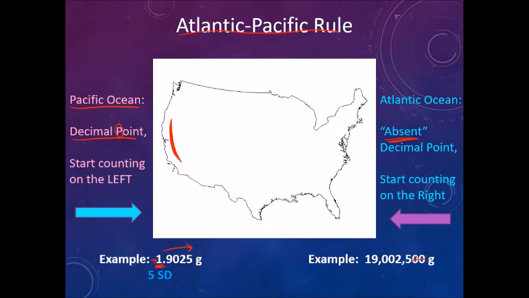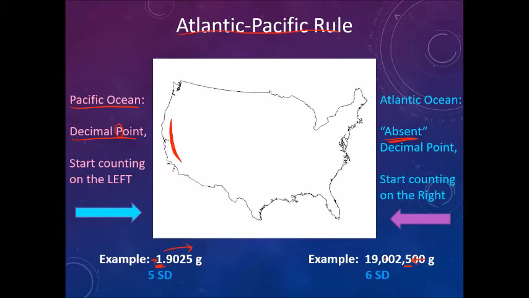We go to the first non-zero digit, which happens to be the 5. That's the first one. Everything after that now counts as a significant digit. So how many significant digits would this one have? Definitely 6. Good.